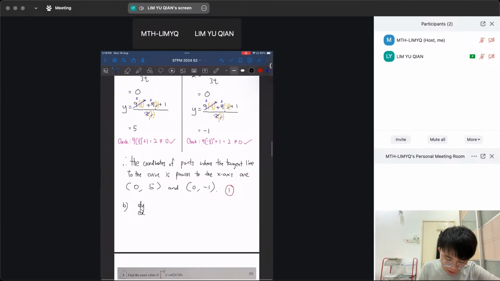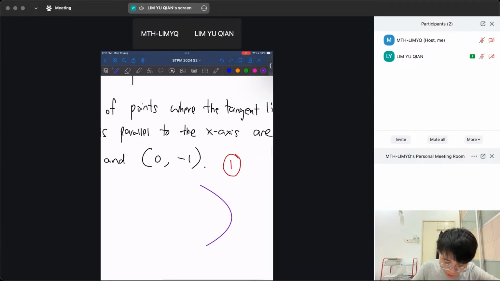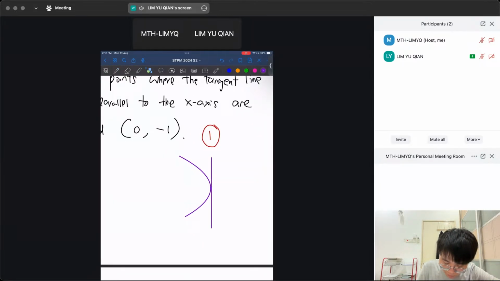Okay, dy/dx. So if parallel to the y-axis, then what happened? If you draw a graph parallel to the y-axis, it means the tangent is somewhere like that. So if you have a y-axis, this is the y-axis, so parallel means, okay, parallel.